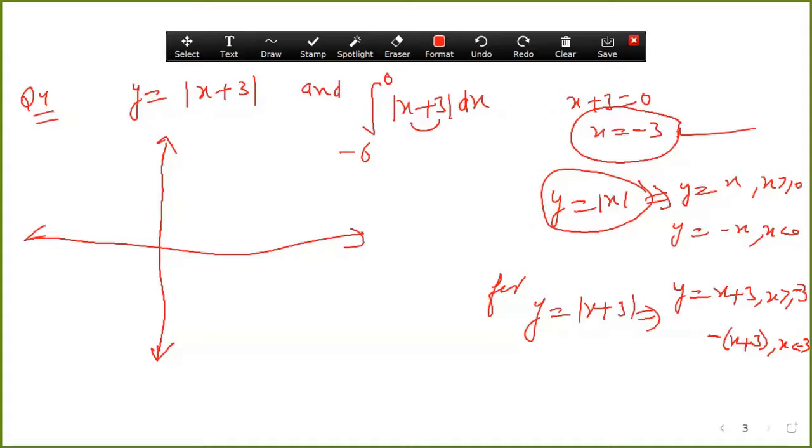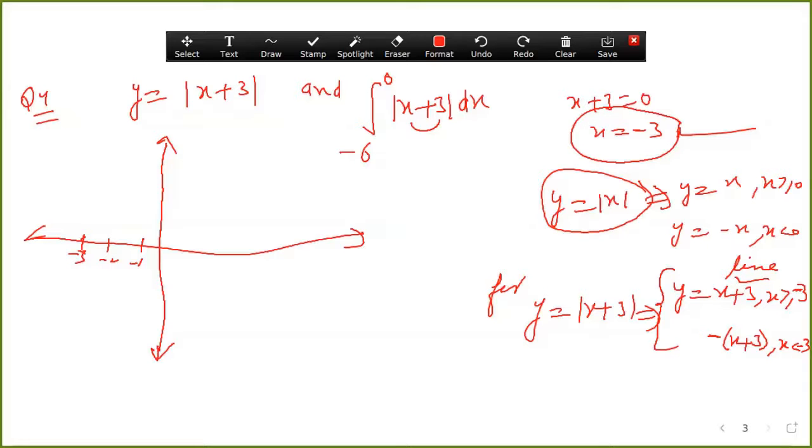Now the required graph will be, suppose this is minus 1, this is minus 2, this is minus 3. Now minus 3 is the turning point and y is equal to x plus 3. What is y equal to x plus 3? It is a linear equation, which gives you a line like this. You can make the table by using y is equal to x plus 3.